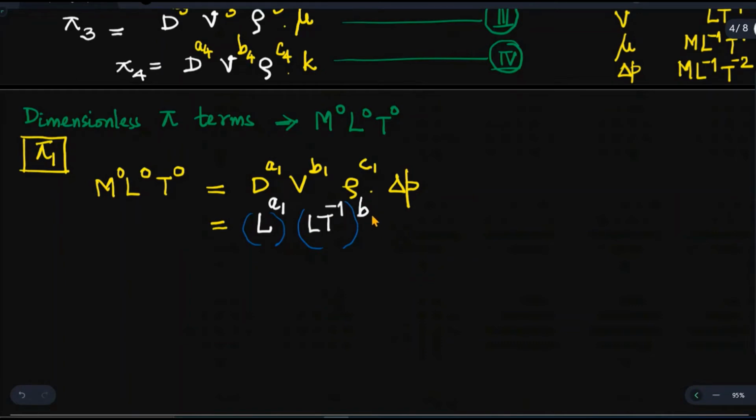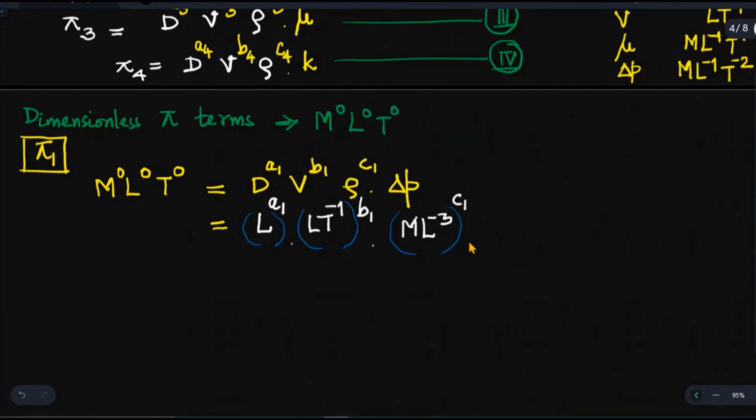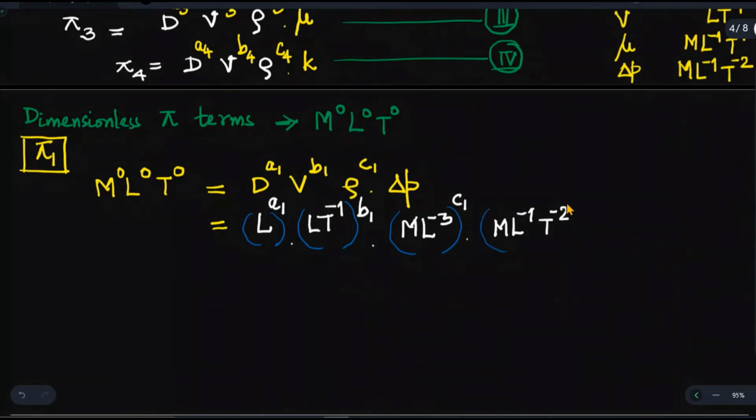And then the next term is M L raised to minus 3, and that raised to c1. And what about delta P? So this is actually the product of these terms, now into a single term. So delta P will be M L raised to minus 1 T raised to minus 2. That is the dimension of pressure. Here it is pressure drop. So that into that raised to 1, in fact, because no index is involved in that.